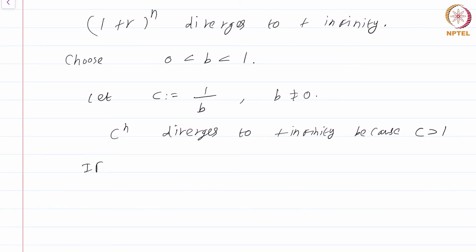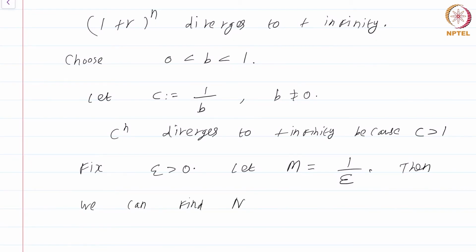Let me write down a full proof. Fix epsilon greater than 0. Let capital M be 1 by epsilon. Okay. Then we can find n epsilon such that if small n is greater than n epsilon, then c power n is greater than 1 by epsilon.